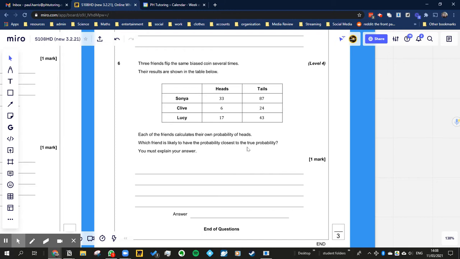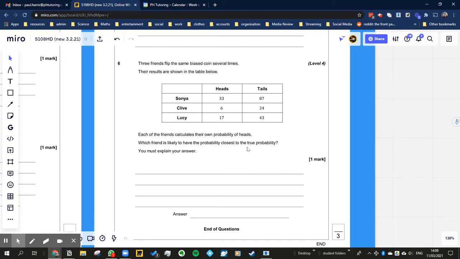Well, what you have to understand from this is that the more times you repeat an experiment, the closer to the actual answer you're going to get. So for example, if I flip a coin 3 times and I get heads, tails, heads, then I might decide that the chance of me getting a head is 2/3.